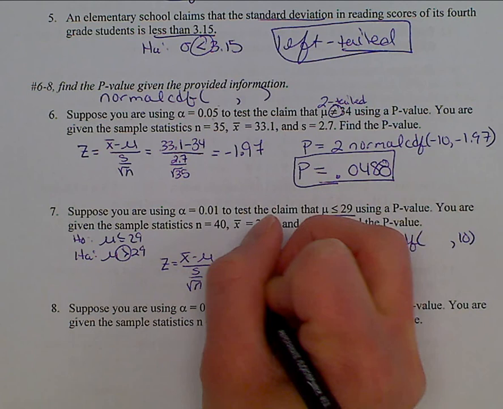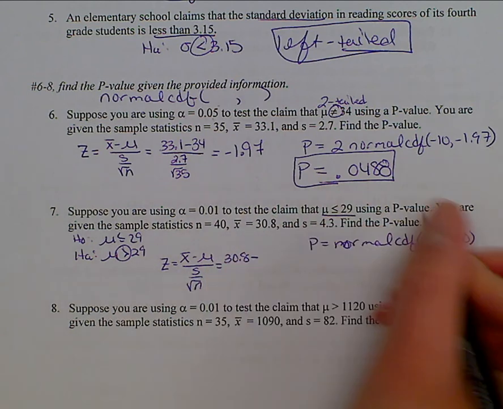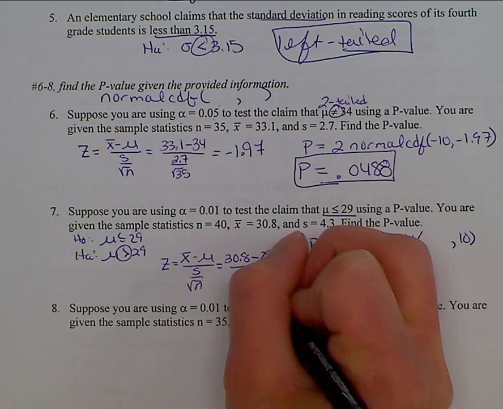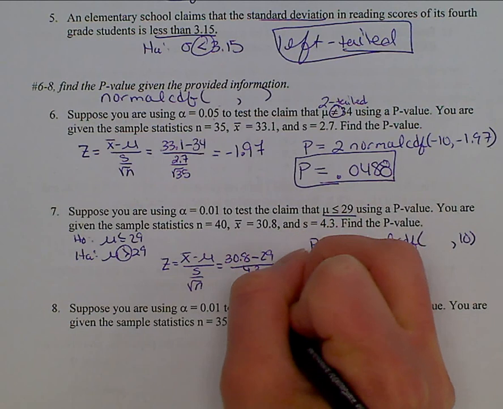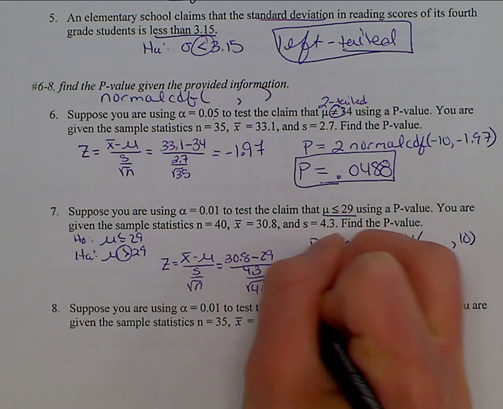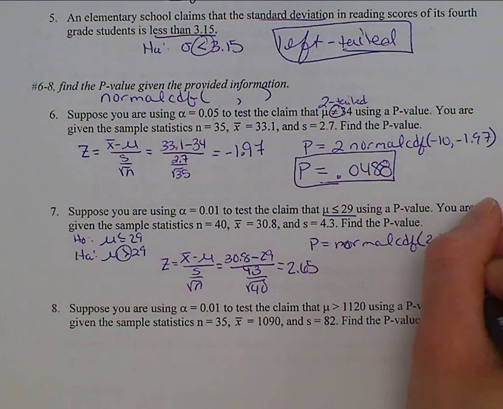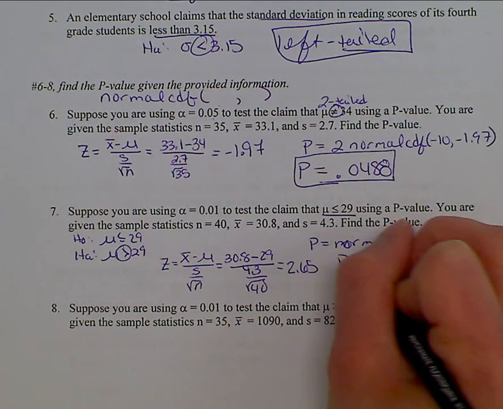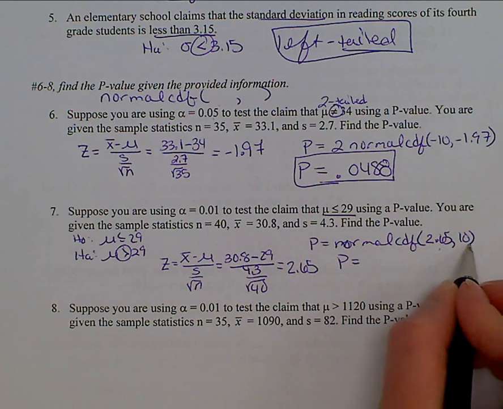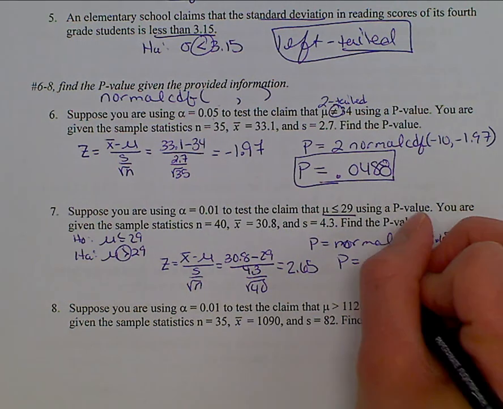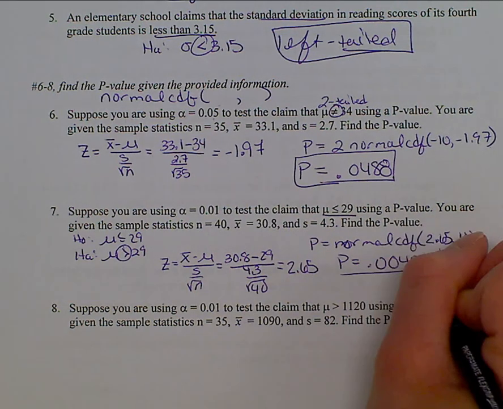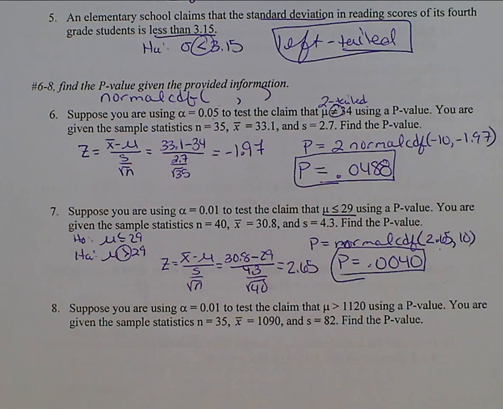It's going to come from 30.8 minus 29 divided by our standard deviation over the square root of n. We get 2.65. So now we do normal CDF, 2.65 to 10, and we get 0.0040. Remember, area we round to 4 decimal places under our curve.